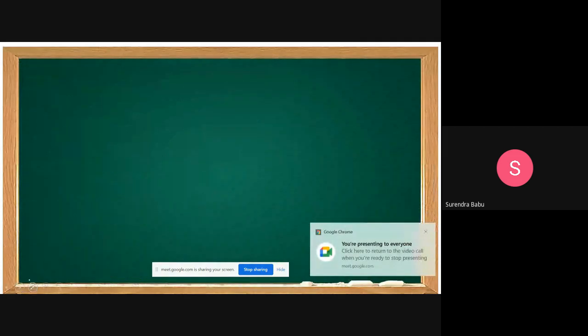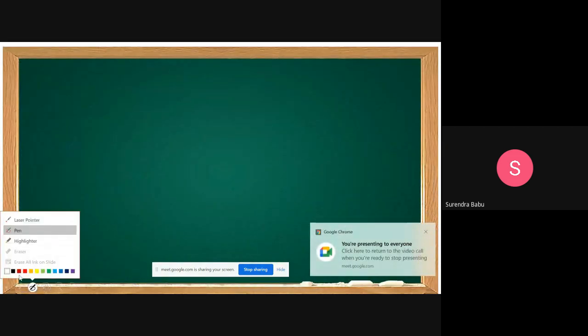The next one is, I'm going to draw the impedance triangle. Friends, impedance triangle. This is also important.